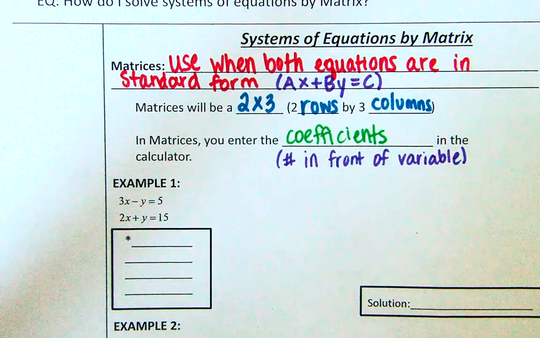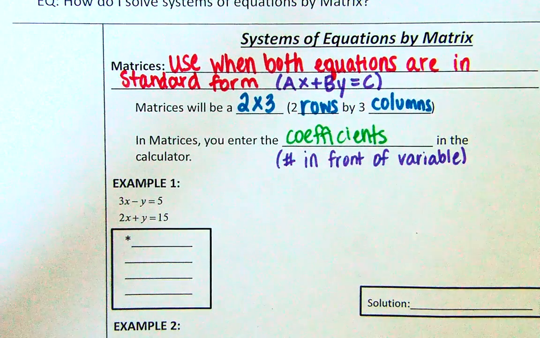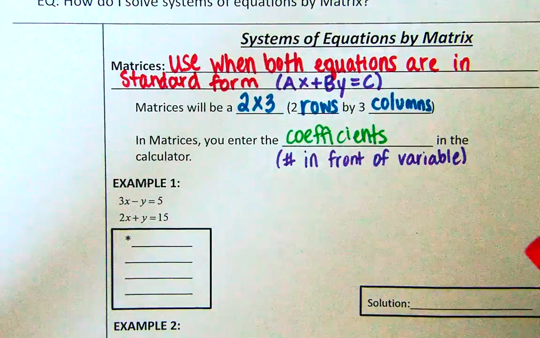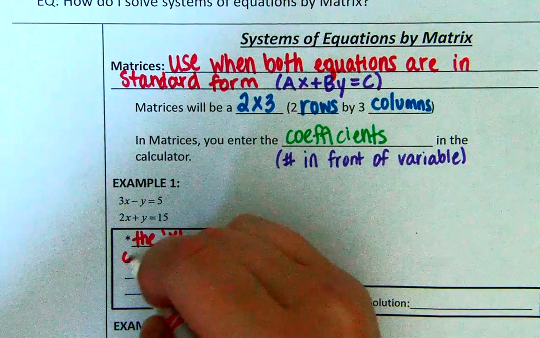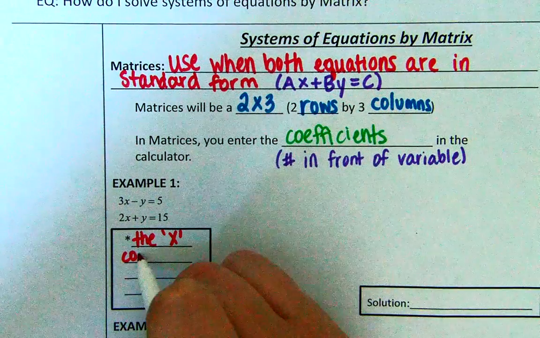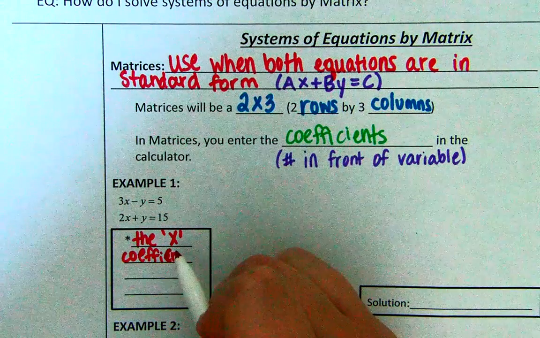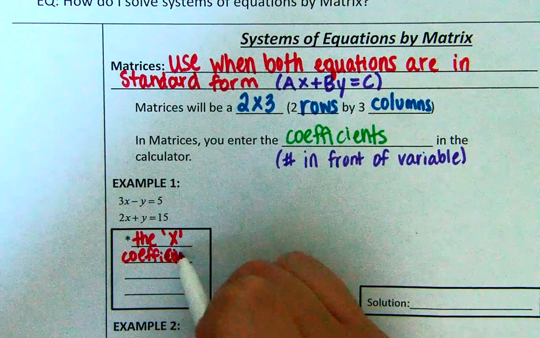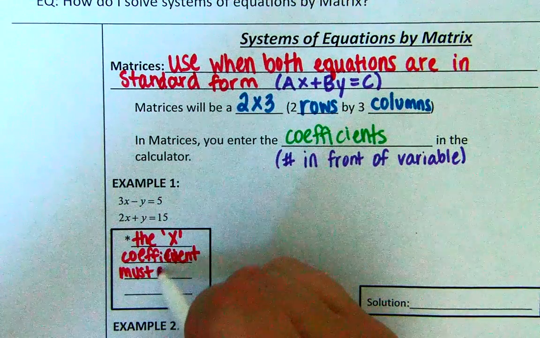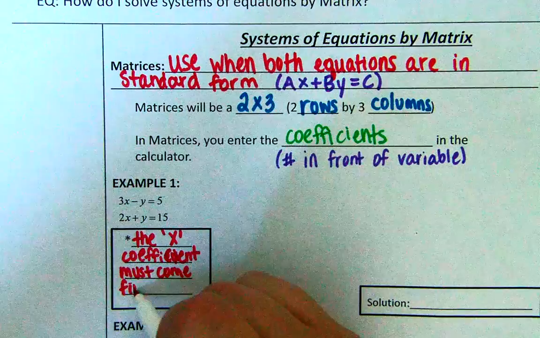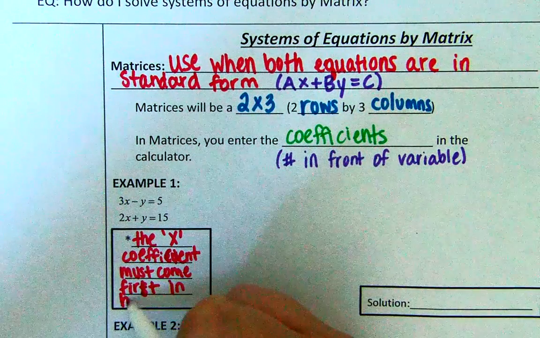Question number 1, we have 3x minus y equals 5 and 2x plus y equals 15. Now, for us to use matrices, you have to know the x coefficient must come first in both equations.